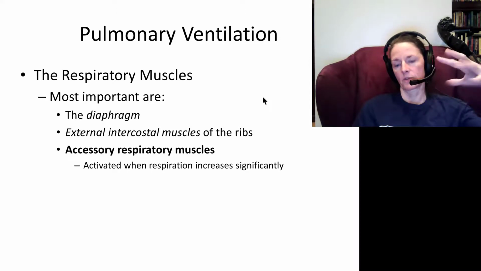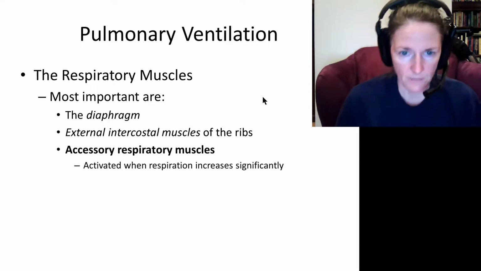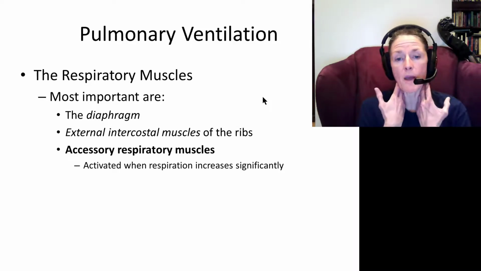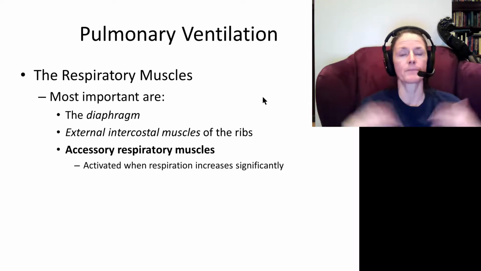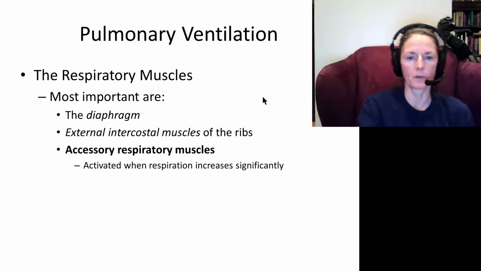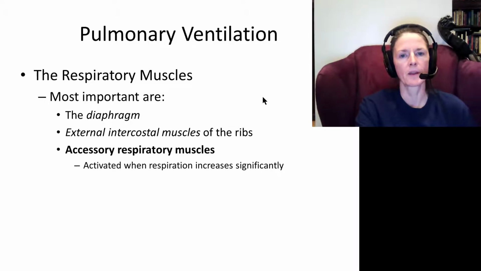So we're going to increase the thoracic volume that way. And if we're going to be doing some severely strenuous activities, we can start to recruit other muscles as well, like the sternocleidomastoid, like the serratus anterior and so forth. So this is going to help us inhale more when we need to.